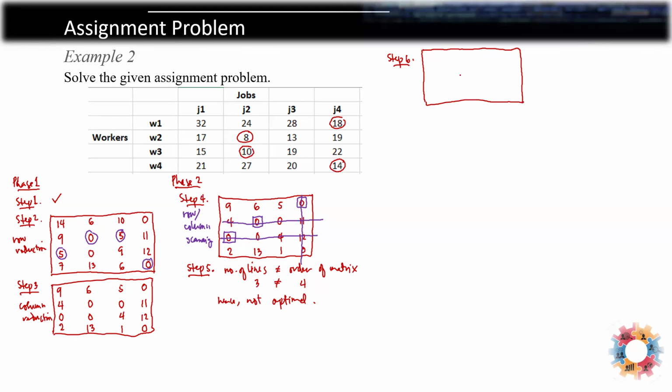I mean, we'll not copy anymore. From step number 4, we're going to employ step number 6. Now in step number 6, we're going to add, subtract, and retain. Okay? First, maybe we'll copy first the table here. Let's write it in step number 5.